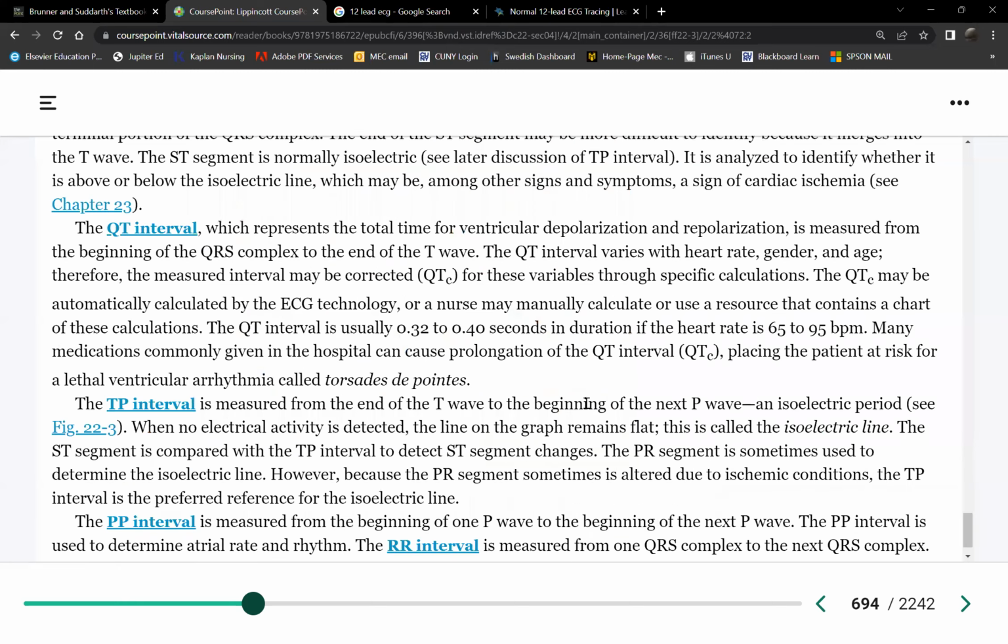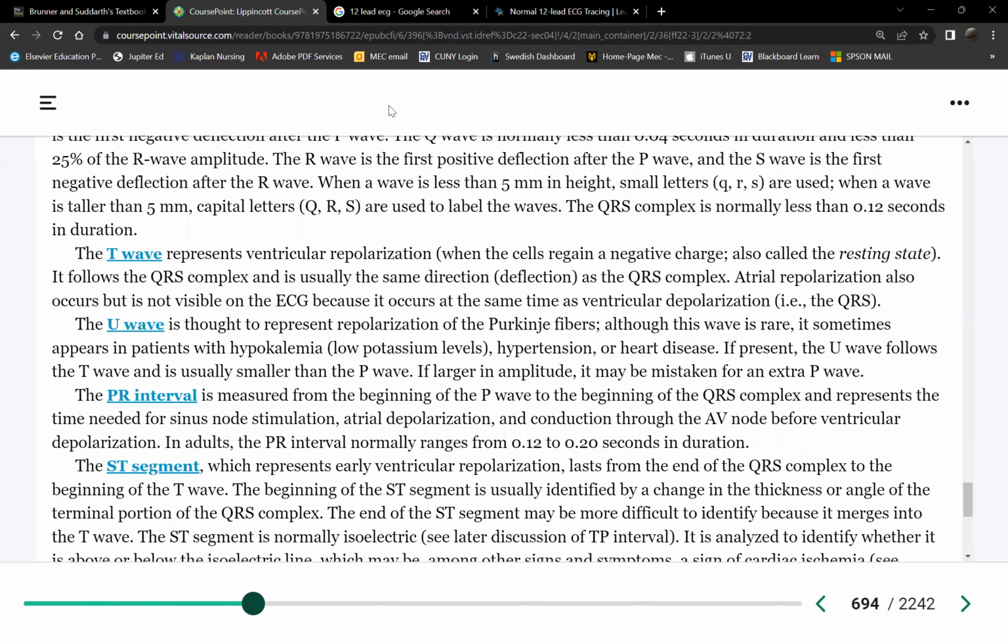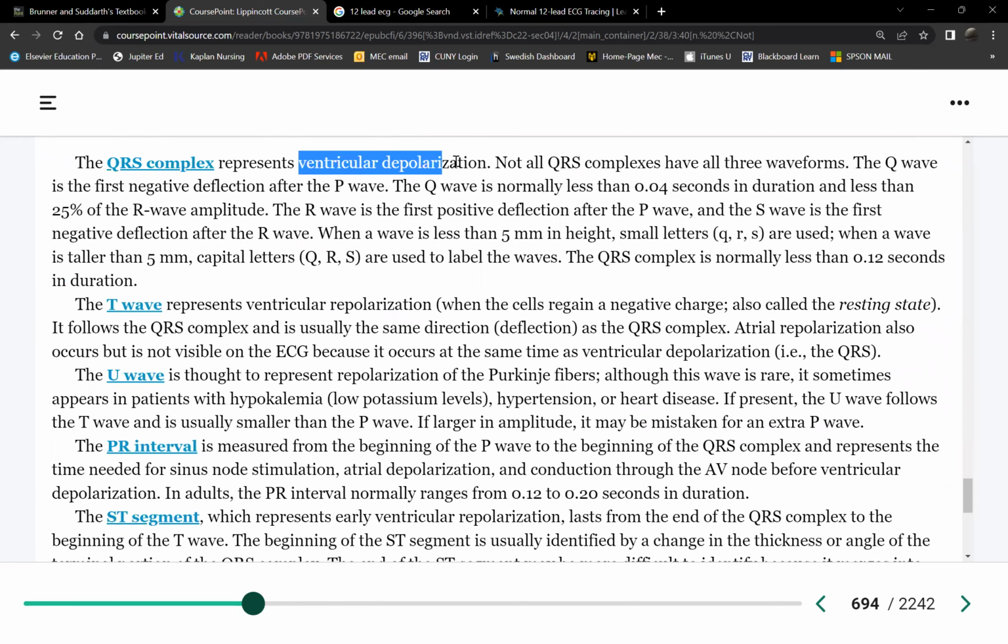What does the QRS complex represent? It represents ventricular depolarization, ventricular contraction. Both ventricles are contracting. What is its measurement? The Q wave is supposed to be less than 0.04 seconds.